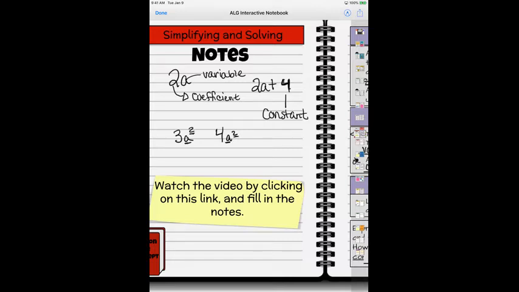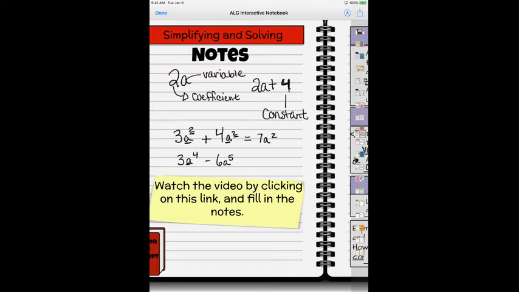So let's say there's an addition sign there, so 3a squared plus 4a squared is going to be 7a squared. Those can be combined. An example of ones that you cannot combine, let's say a to the 4th power minus 6a to the 5th power.